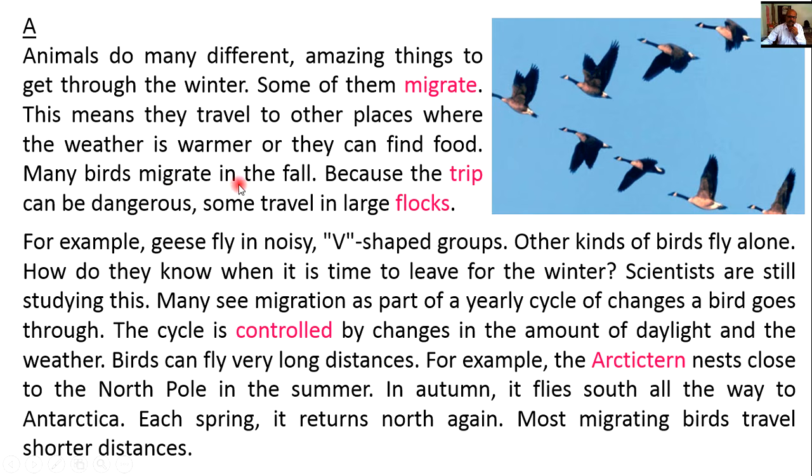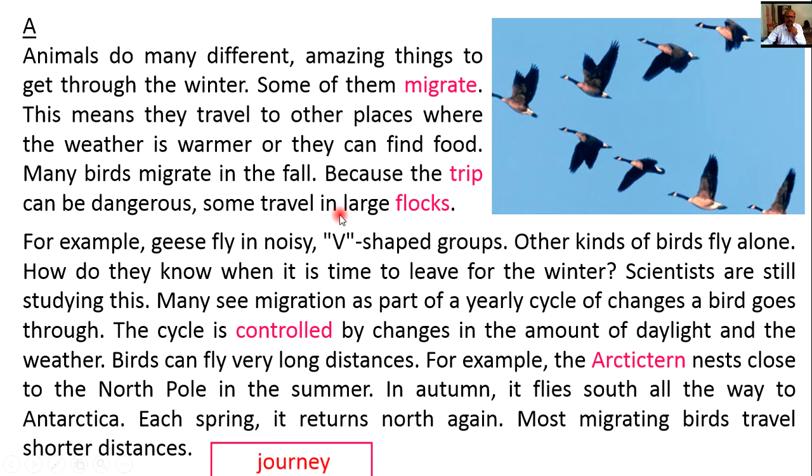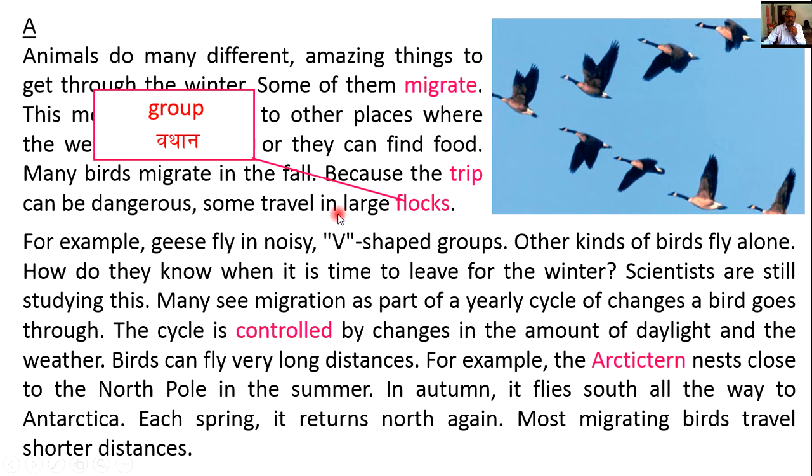Many birds migrate in the fall because the trip can be dangerous. Some travel in large flocks. Here migrate means transfer, migration, sarnu; trip means yatra, similarly journey; and flock means bathan, group.